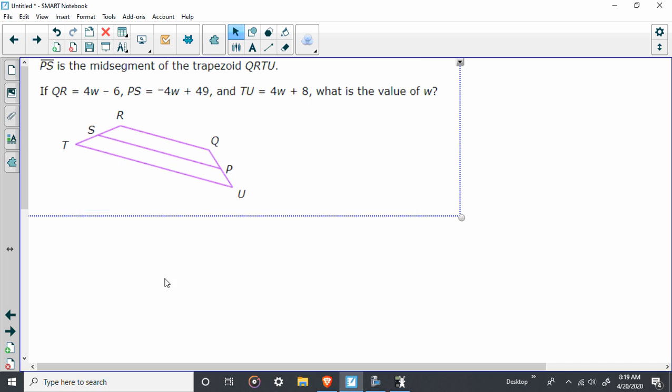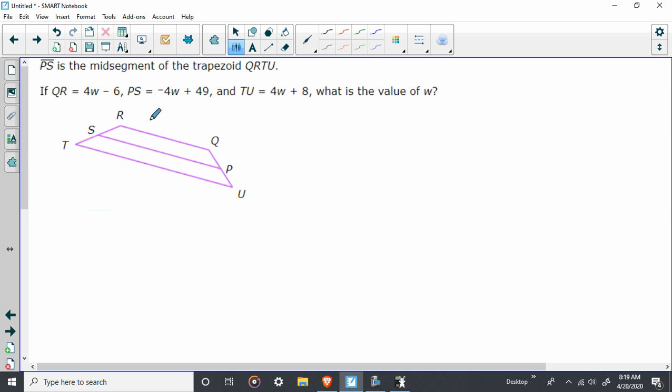Again, here's the same kind of question. QR, they gave you 4W minus 6. PS is going to be negative 4W plus 49, and TU is going to be 4W plus 8.